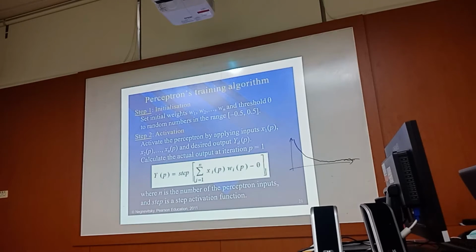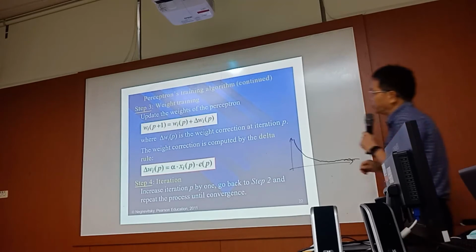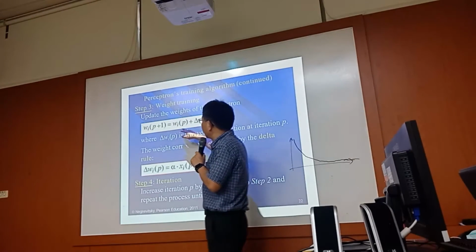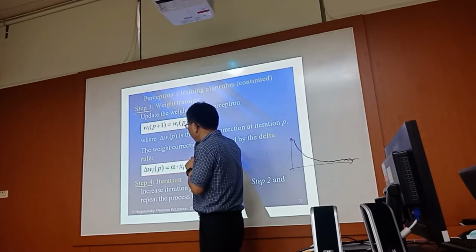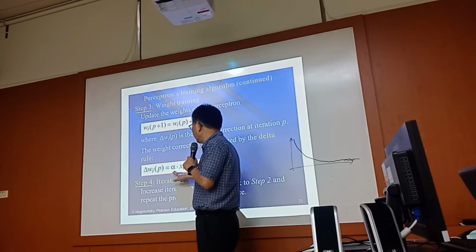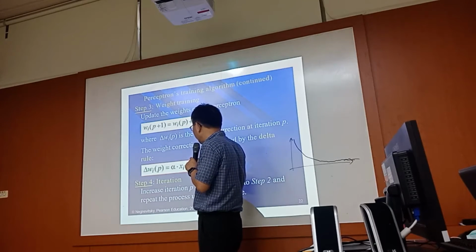If active, it can pass to the next. After one training phase, you will get an error, and then you update the weights. W I plus delta W I. Delta W I means the learning rate multiplied by SI multiplied by EP.